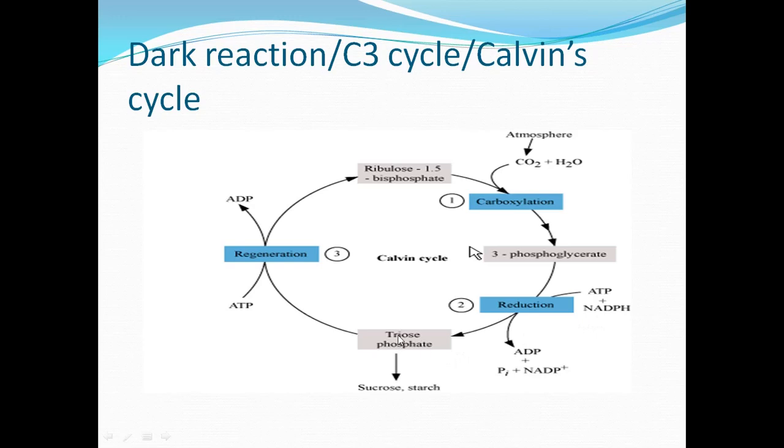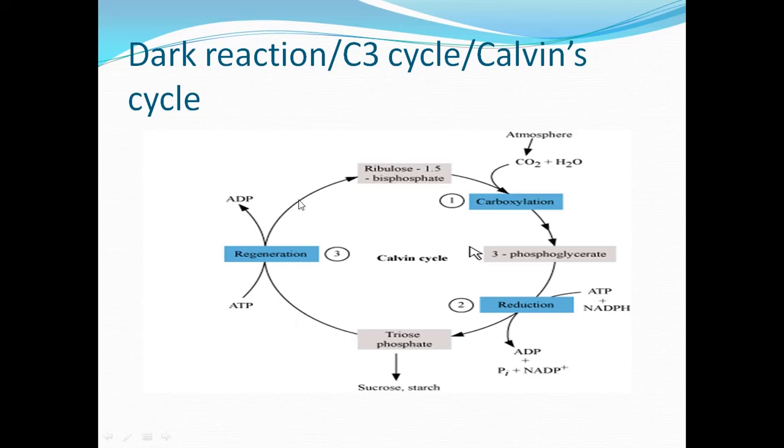Each triose phosphate is a 3-carbon compound. One of the carbons from the triose phosphate is contributed towards the formation of glucose, and the remaining two carbons are used for regeneration of ribulose bisphosphate.